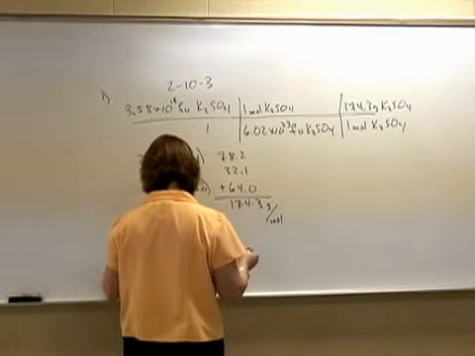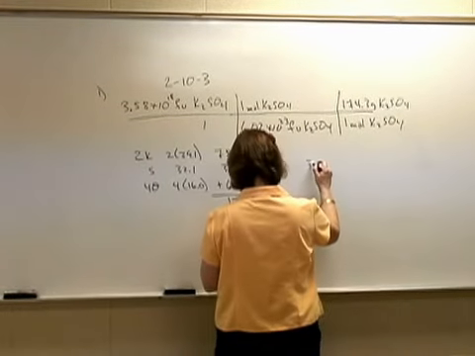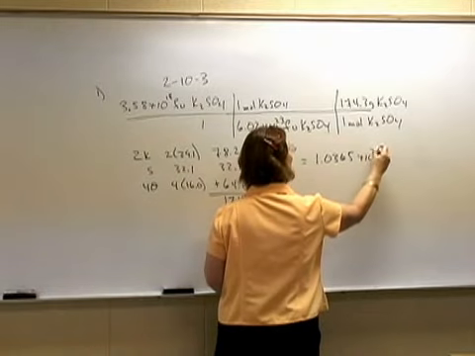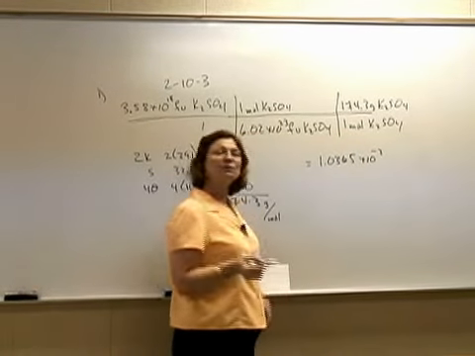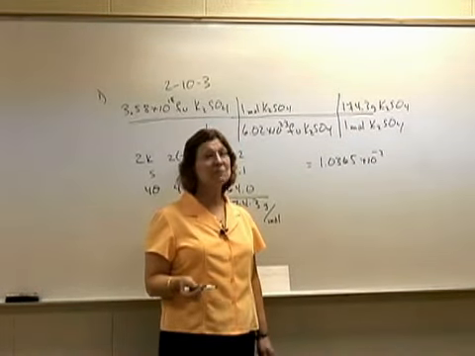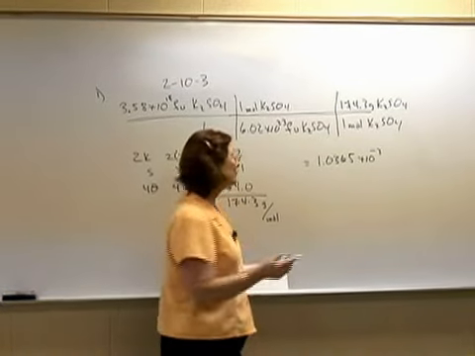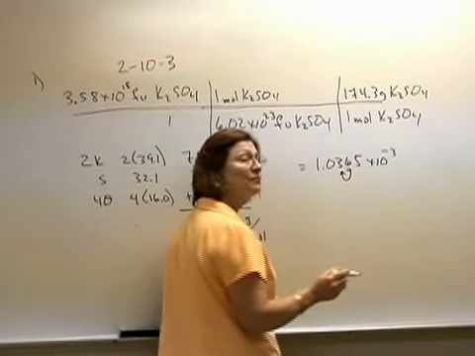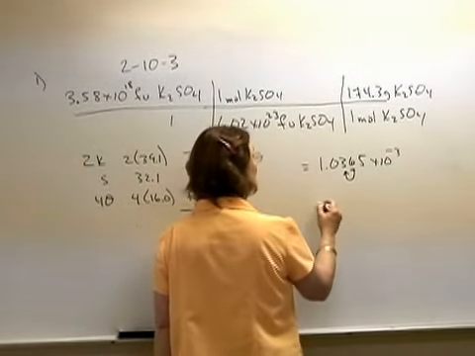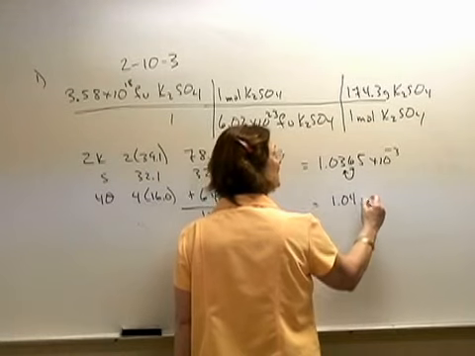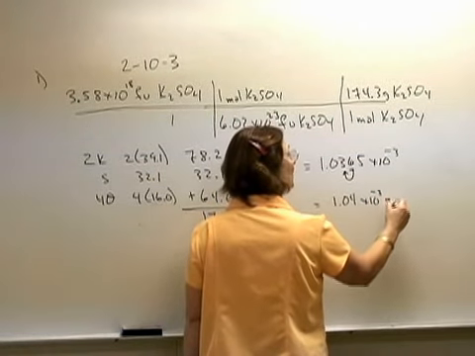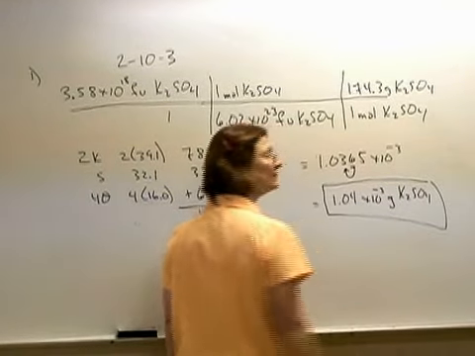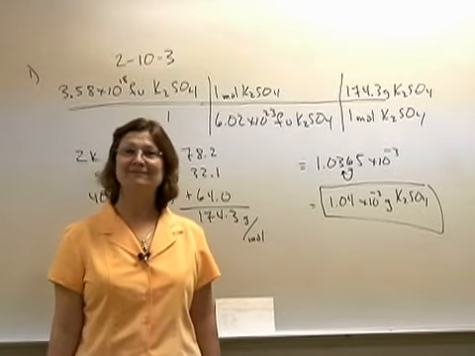When I do the math, I get 1.0365 times 10 to the negative 3. My original number had 3 significant digits, therefore I need 3 significant digits. I look at the 6, and it rounds the 3 up. My final answer is 1.04 times 10 to the negative 3rd grams of potassium sulfate. And that's the answer to number 1.